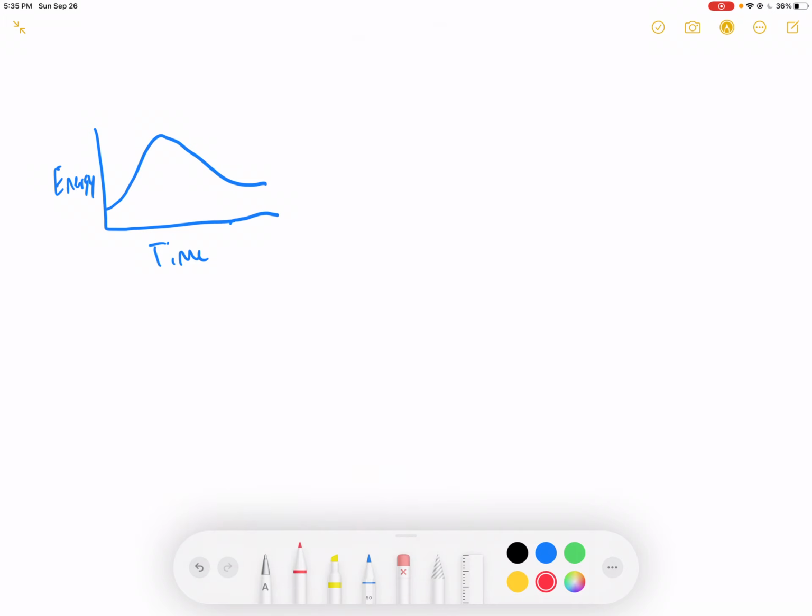With enzymes, what we're going to do is lower the amount of activation energy. So we're going to decrease activation energy, and we're going to increase the rate of reaction. That is the whole goal of enzymes.